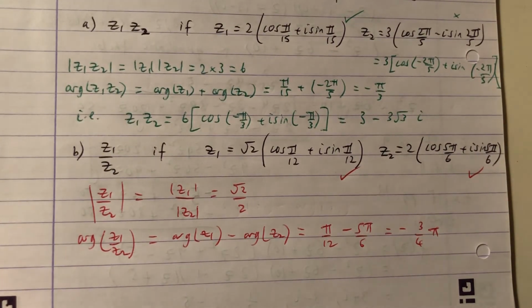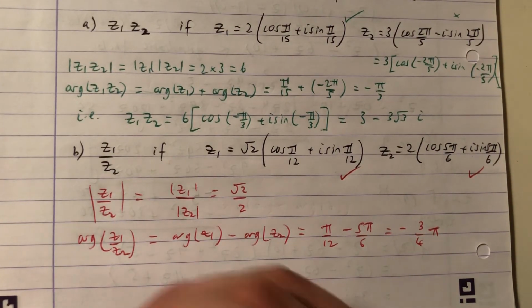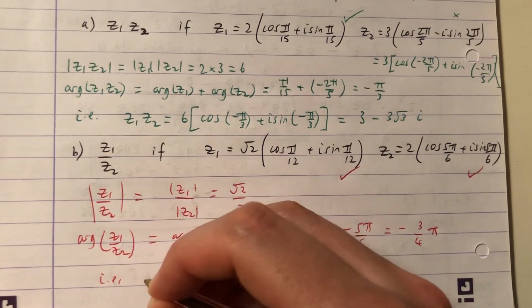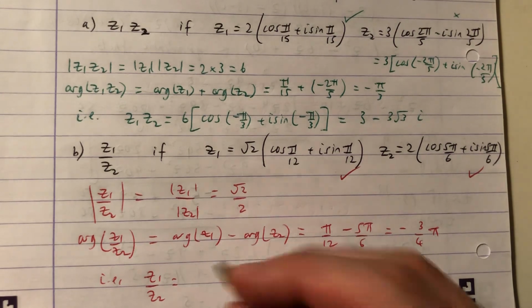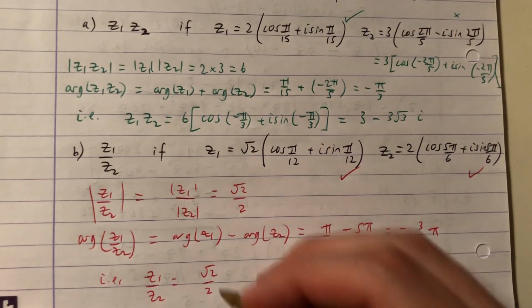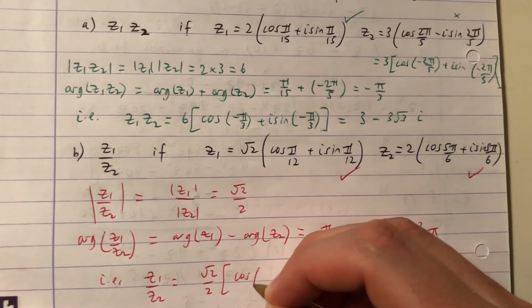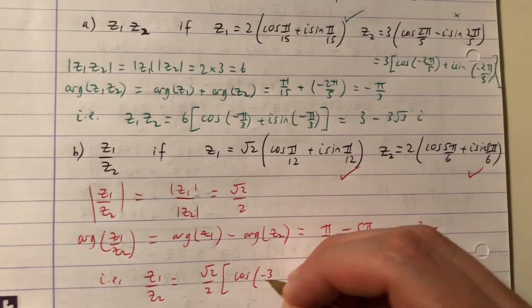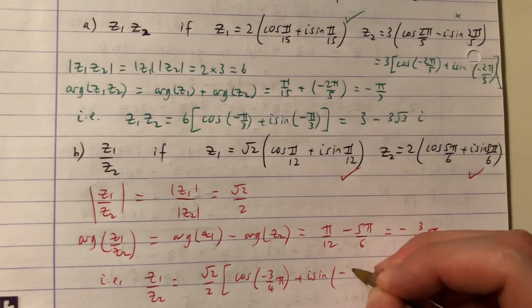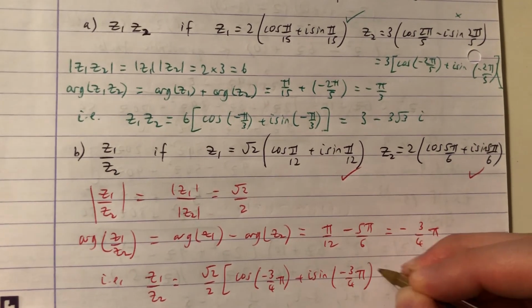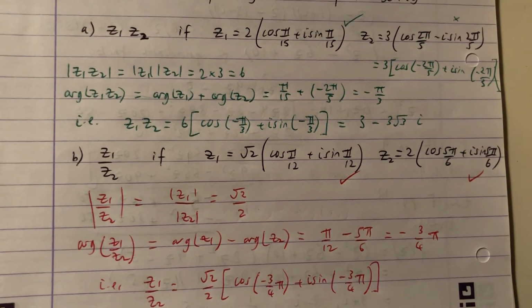And therefore your answer, z1 over z2, would have this modulus, cos this argument plus i sine this argument, and that would be it.